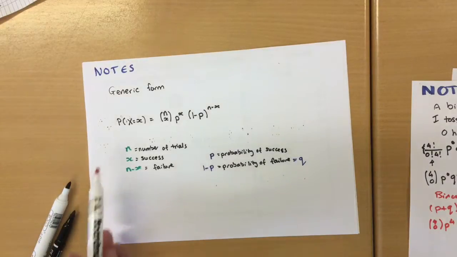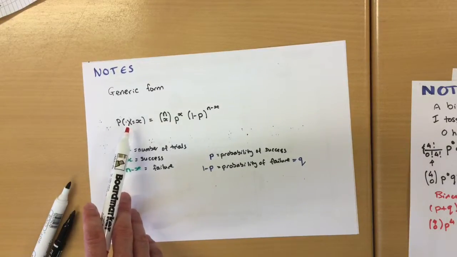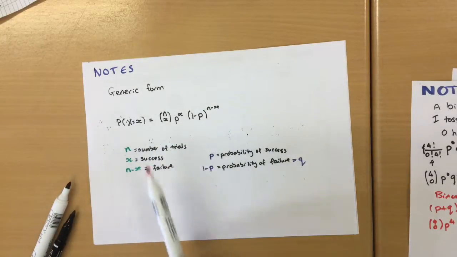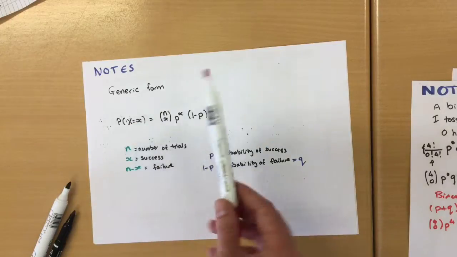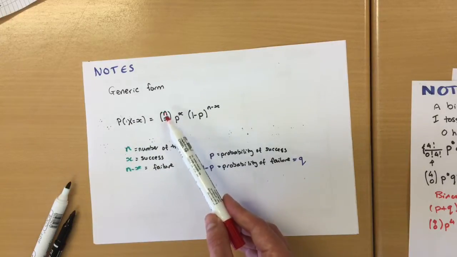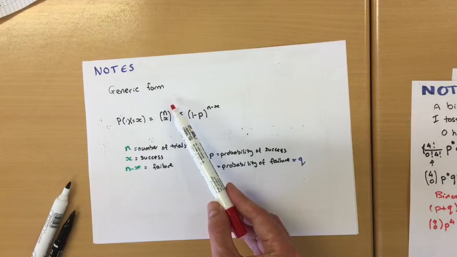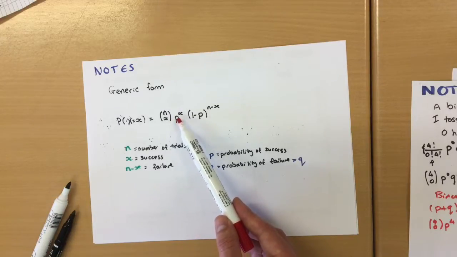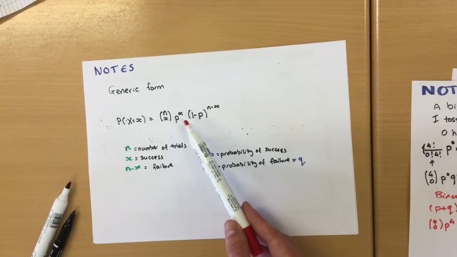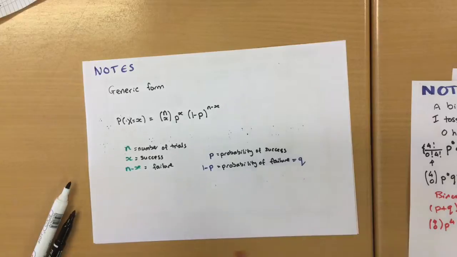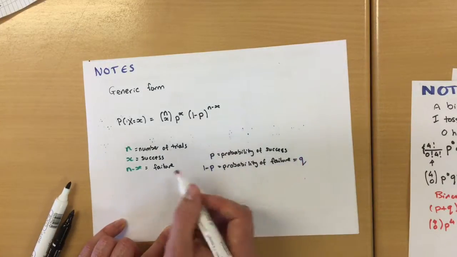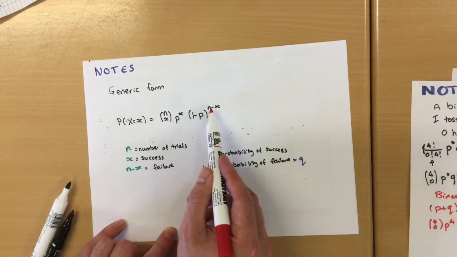So what's the chance that my event equals a certain number of successes? The chance I get so many successes is the number of trials, so n choose x, n trials and x successes, times the probability of that success to the power of the number of successes you get, times the chance of failure, which is 1 minus p, or you can write it as just q, to the power of everything left over.